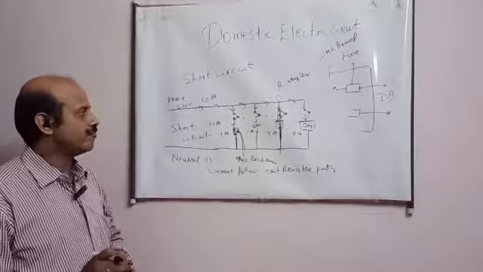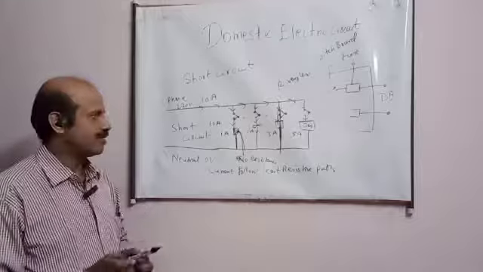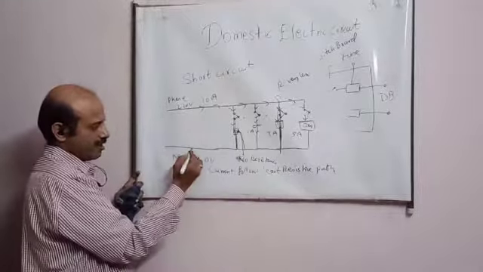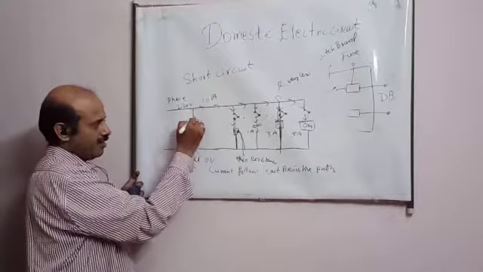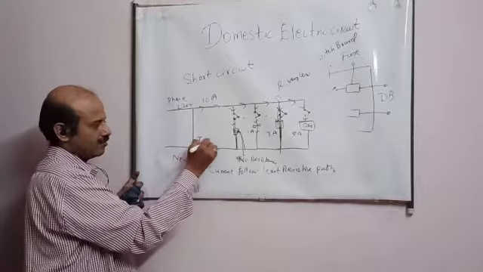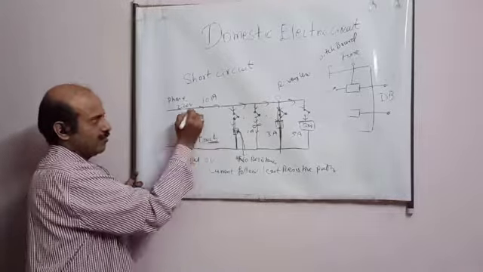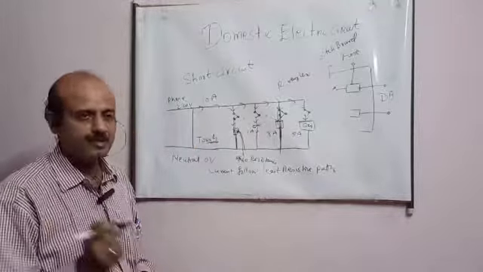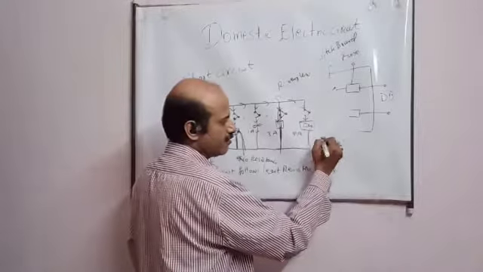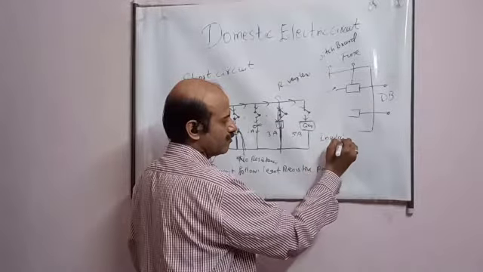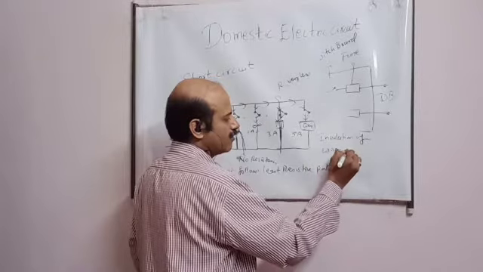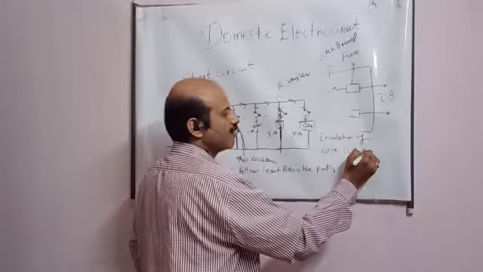Or sometimes it may happen, student, in the rainy season, that this neutral and this phase may get in touch, because the insulation of the wire is broken. This happens in the rainy season.